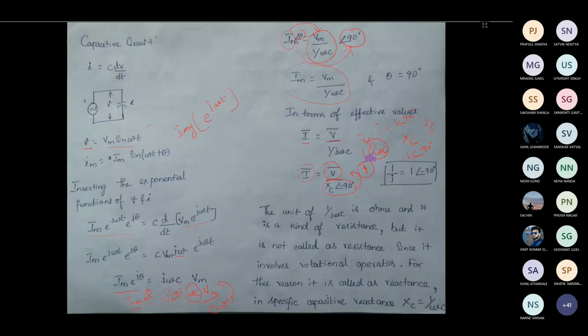Okay, so you can see that here I is the phasor and V is the phasor. Now I phasor and V phasor divided by XC angle minus 90 degree.